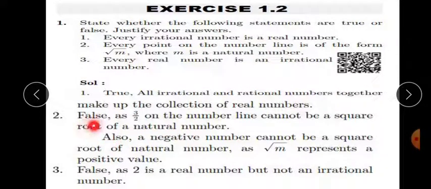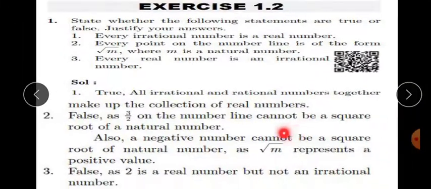So the answer is false, because if I have the square root of a fractional number or the square root of any number, for example a prime number also, it is very difficult to draw on a number line. So the answer is false.